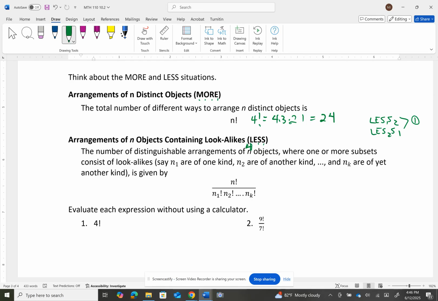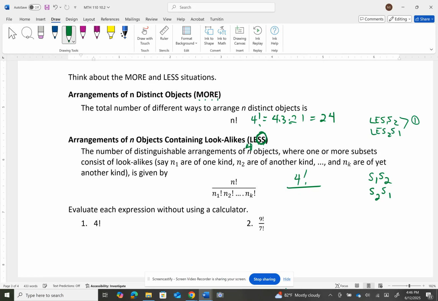you have lookalikes, then you have to watch out, because you'd have to take that 4 factorial that you have, and divide it by the number of ways you could arrange the 2 S's. So they could be that way or they could be that way.